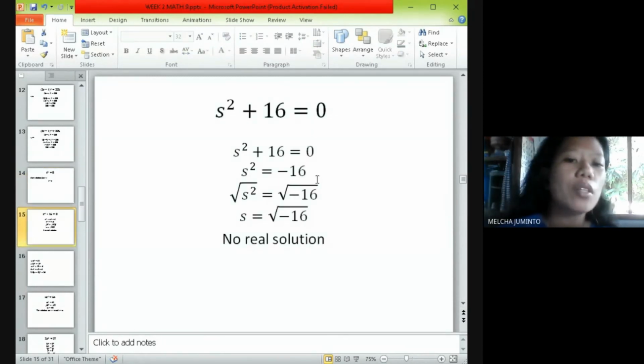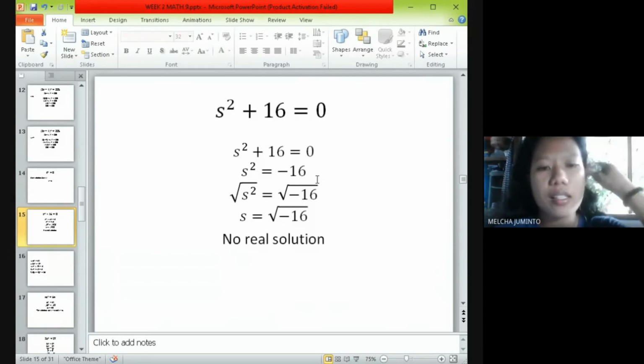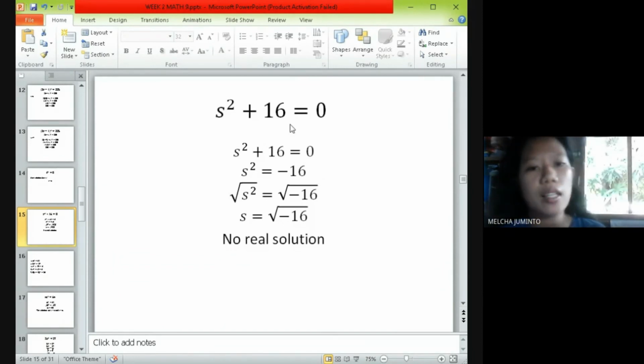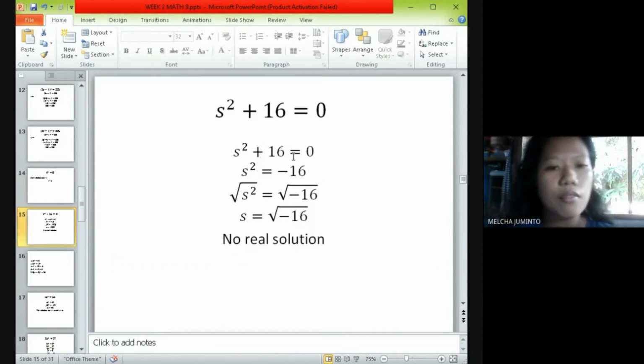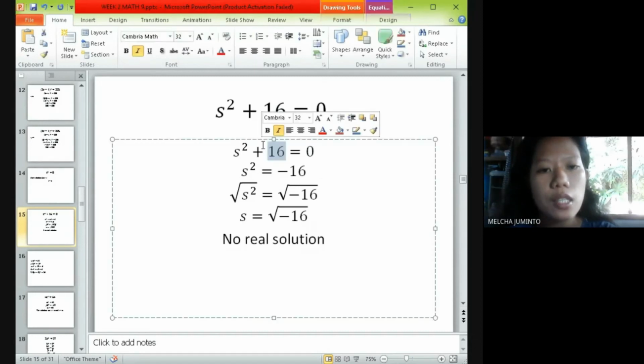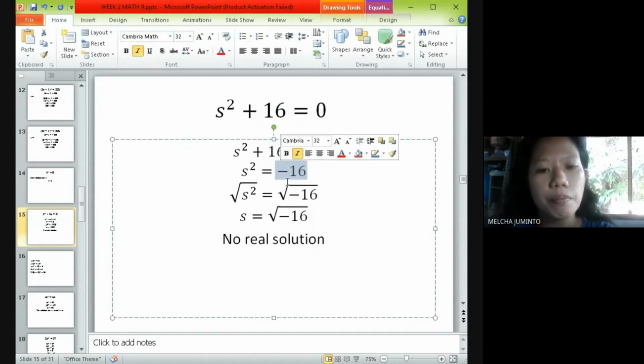Now, let us move to the third case. The third case is when k is less than 0, meaning k is a negative number. For example, the equation is s squared plus 16 equals 0. First step, transfer 16 from left to right. Once you transfer 16, it will become negative 16, which means negative 16 is less than 0.